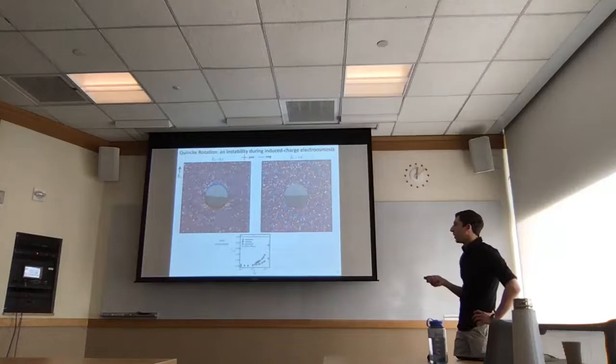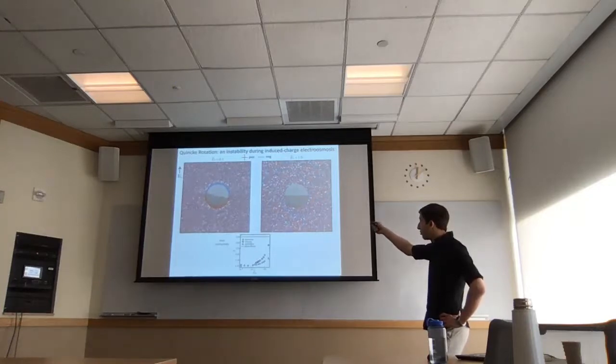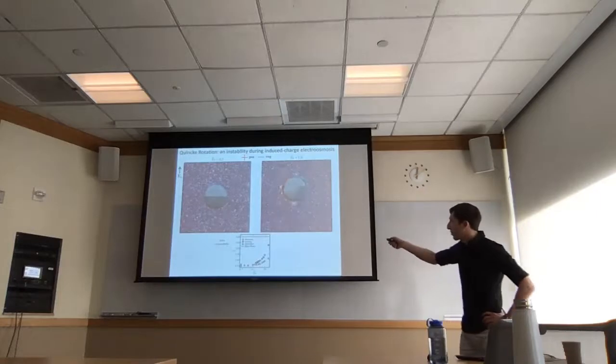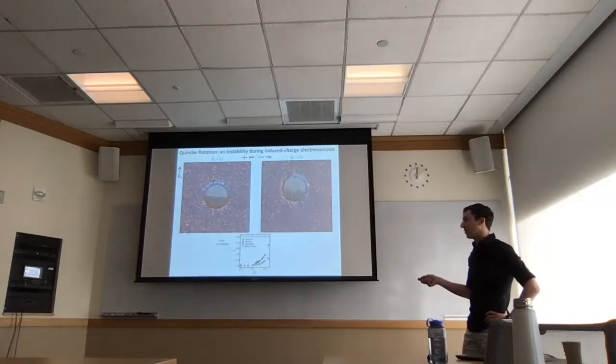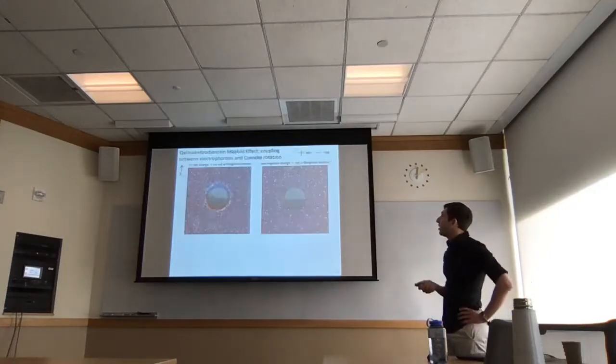An interesting thing about this Quincke rotation is, well, the video stopped, but the rotation actually facilitates transport of ions. You would have seen blue ions streaming past this way, oh, there you go, and red streaming past this way. So it actually gives rise to a significant enhancement in the electrolyte conductivity compared to the pure electrolyte alone.